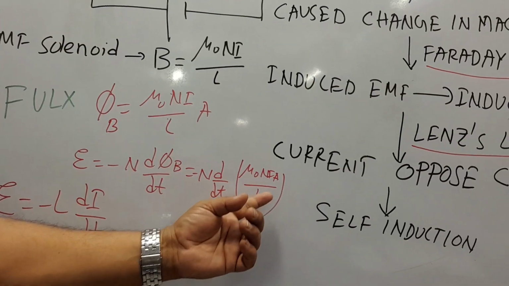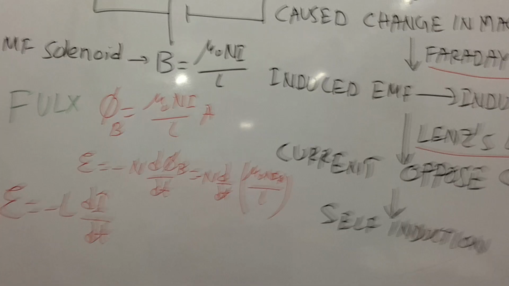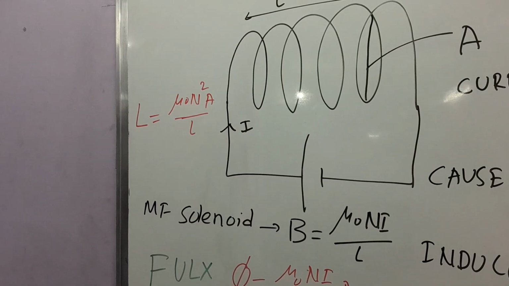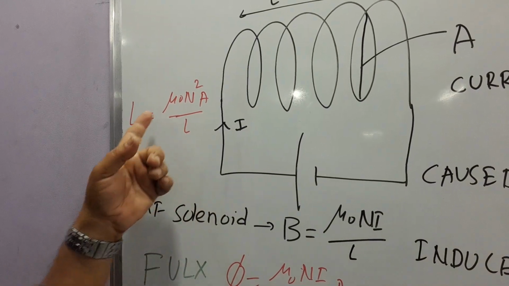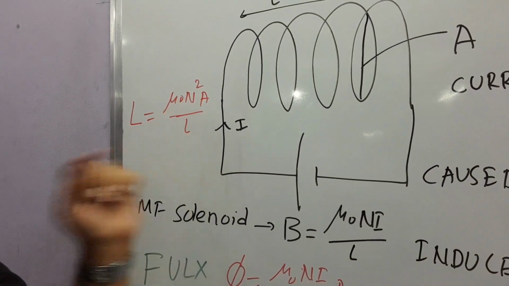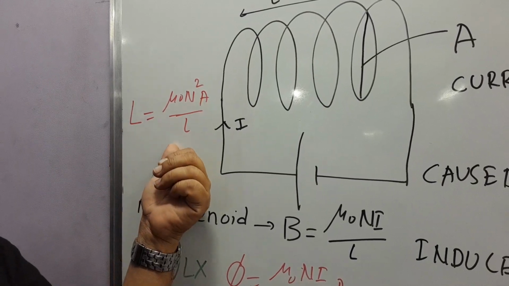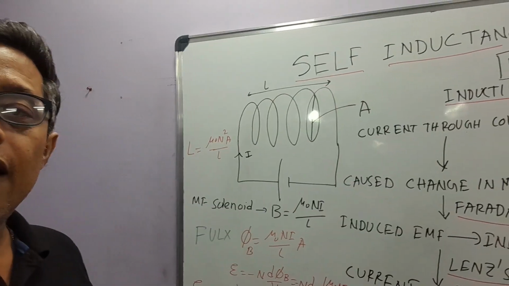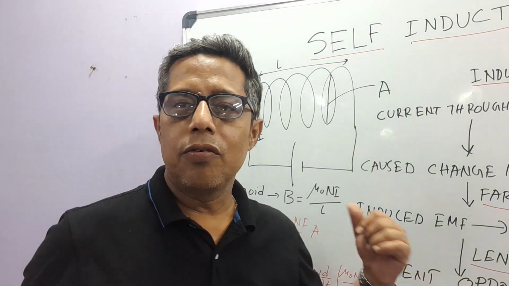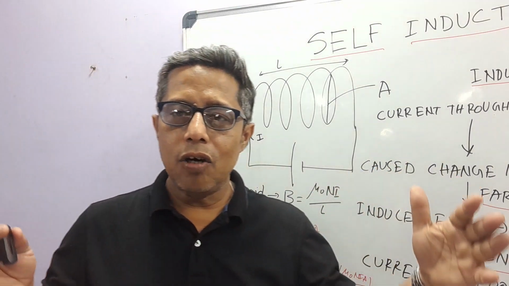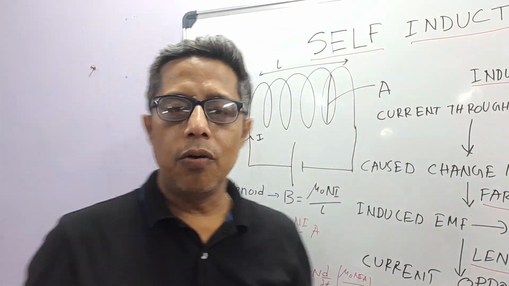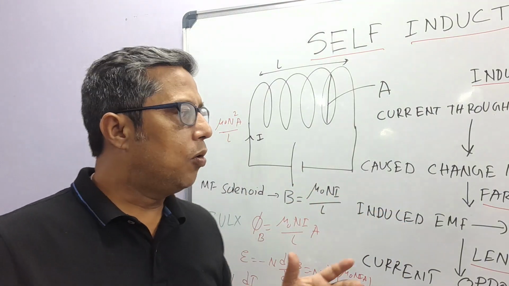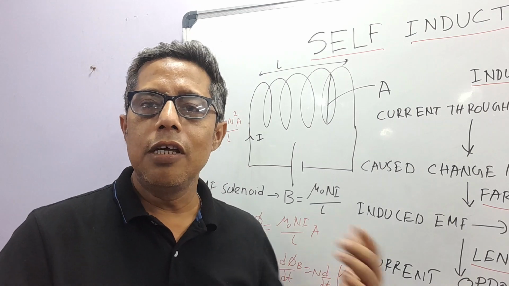N and mu 0 N I A. This is the value of the self-inductance. So self-inductance is equal to mu 0 N square A by L, where A is the area, L is the length of the coil, and N is the number of coils. So self-inductance, the electrical inertia, depends on these factors: the area, the length of the coil, and the number of coils. Okay. This is the measurement, and it is very important to understand because 3-4 chapters are related with this part, right?